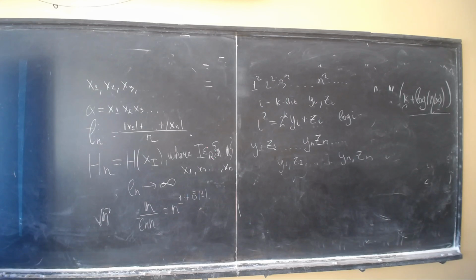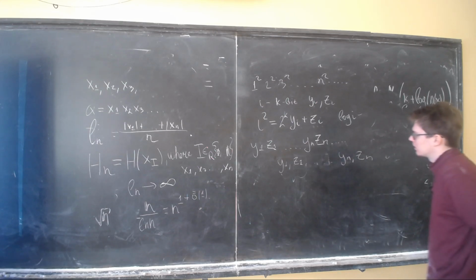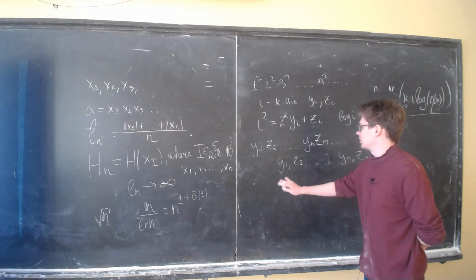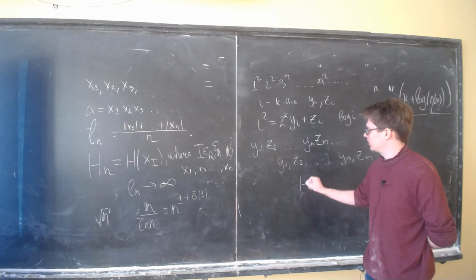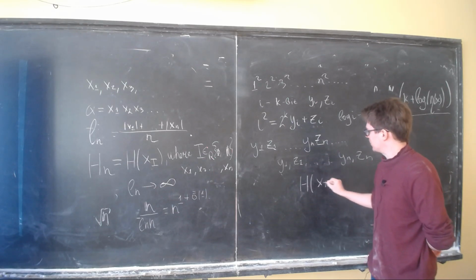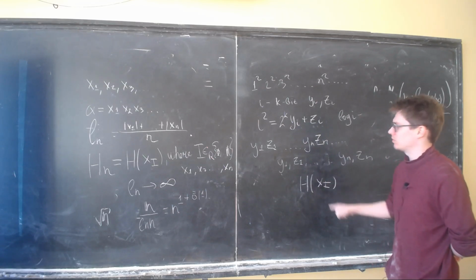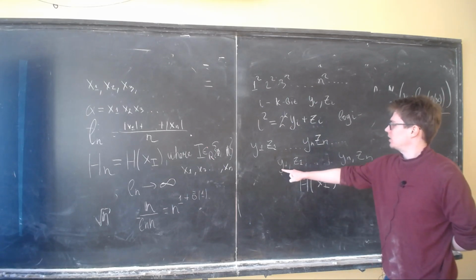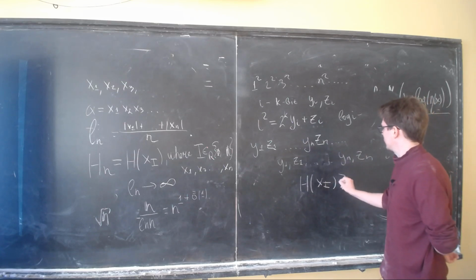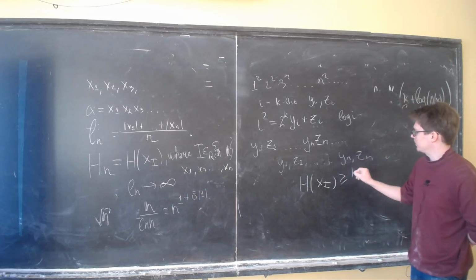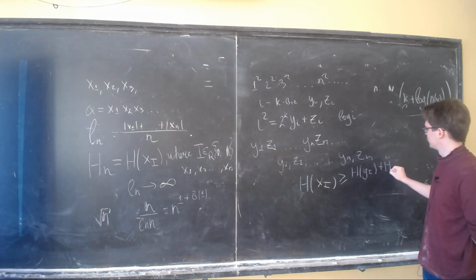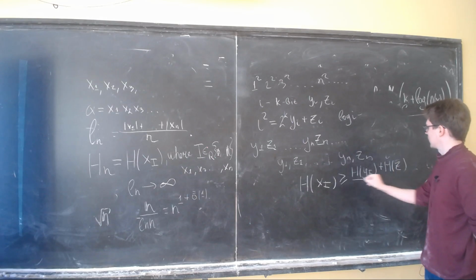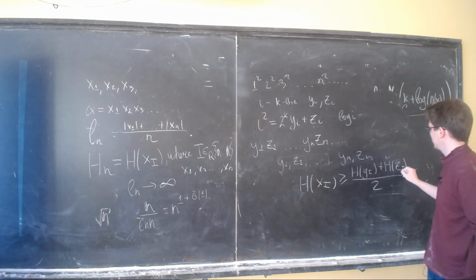The first observation I want to make is that entropy is concave. Namely, the entropy of this x is at least the arithmetic mean of the two entropies, if I just take a random y, and if I take a random z_i.